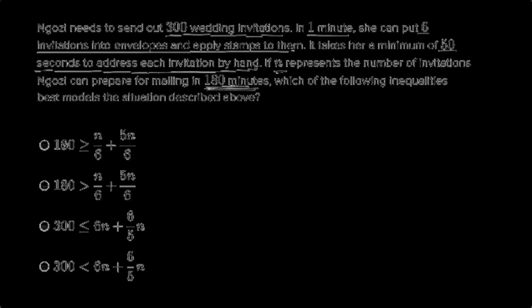So over here, you have 180 greater than or equal to something. It's in terms of N, the number of invitations. This one is 300 less than or equal to, and this is 300 less than. Now remember what our constraint is here. Our constraint is how many invitations she can prepare in 180 minutes.